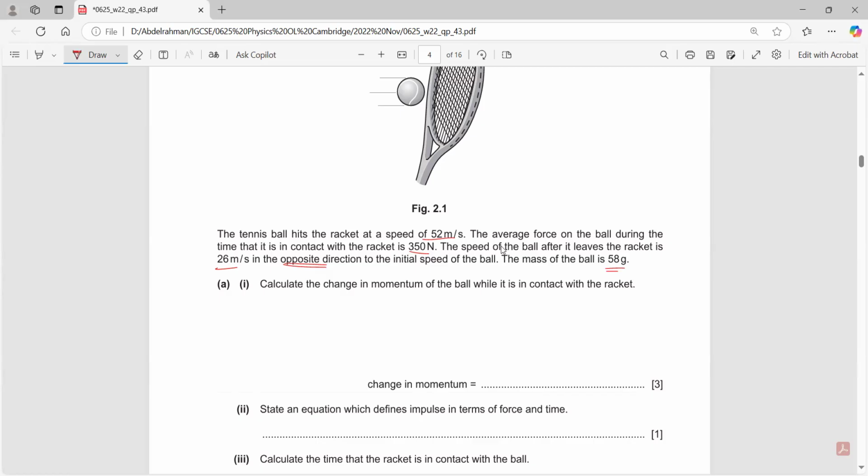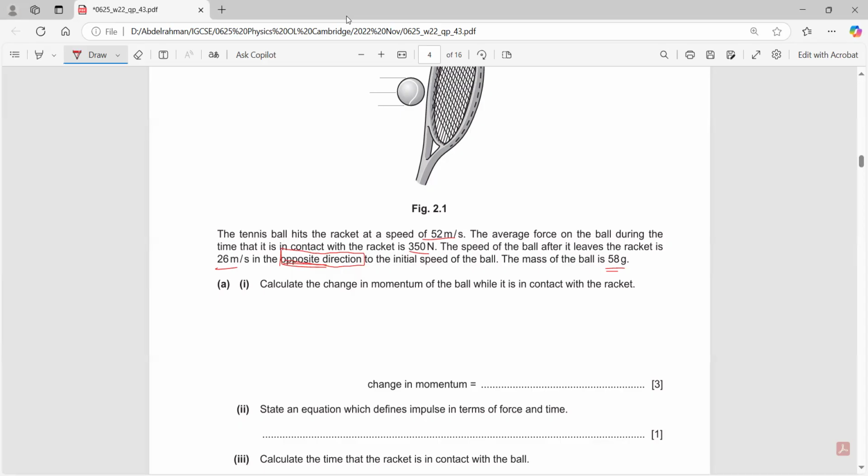Can I find the change in momentum? Yes, change in momentum is mv minus mu. But since the ball is moving in the opposite direction, which is a really important keyword, one of the velocities has to have a negative sign.